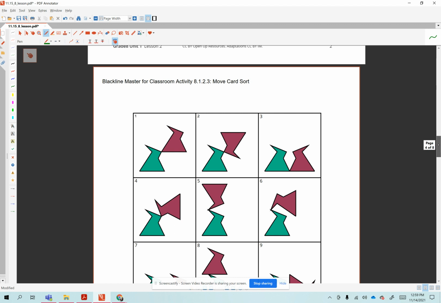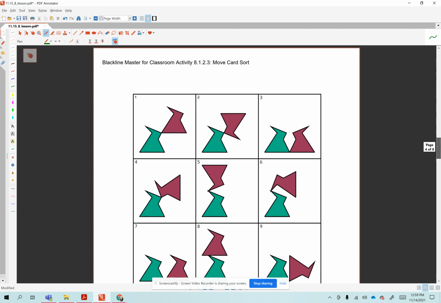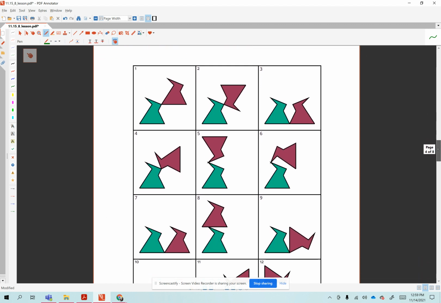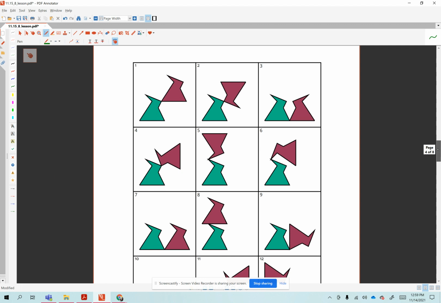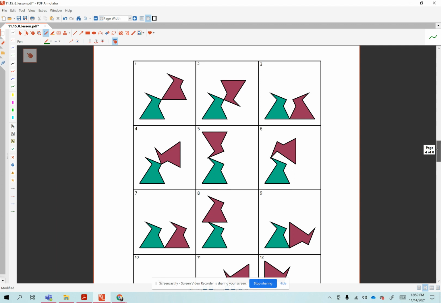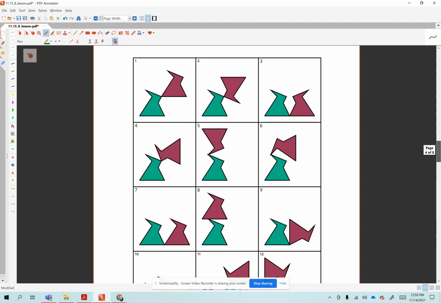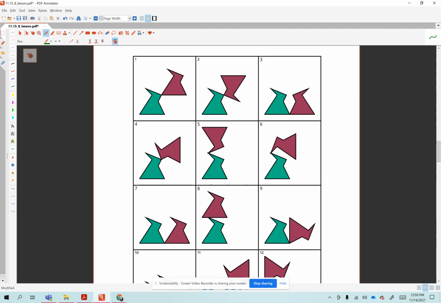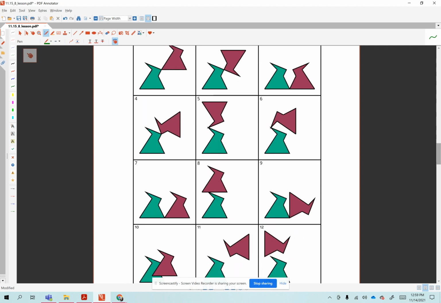We can just do it in our mind, unless you have scissors and can cut them out. We're going to sort these pictures into categories according to the type of moves they show. We want to describe each category and why it's different from the others.